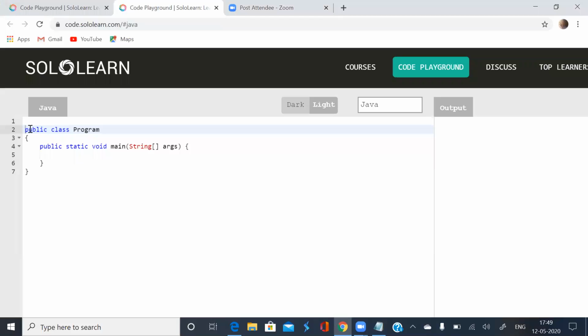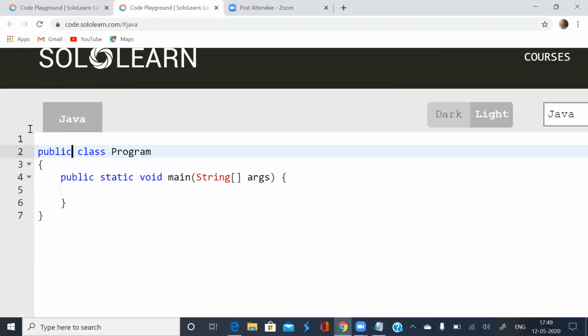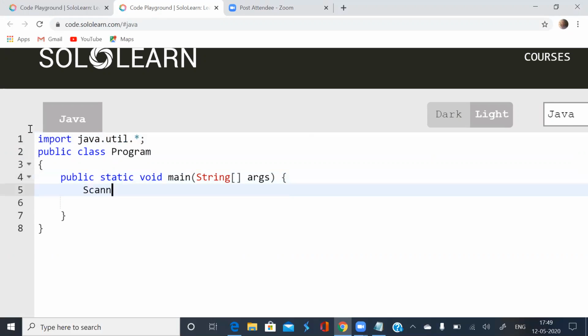To read the inputs, let us import java.util. Now use a Scanner class to read the inputs. new Scanner(System.in).